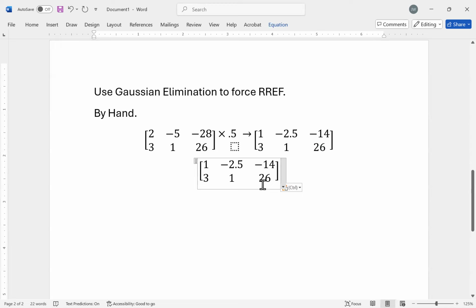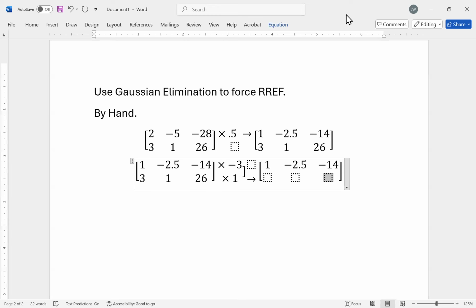Here's how I write the notation. I take the first row times negative 3, the second row times 1, and then I combine those two. A little bit of a bracket there sometimes helps.